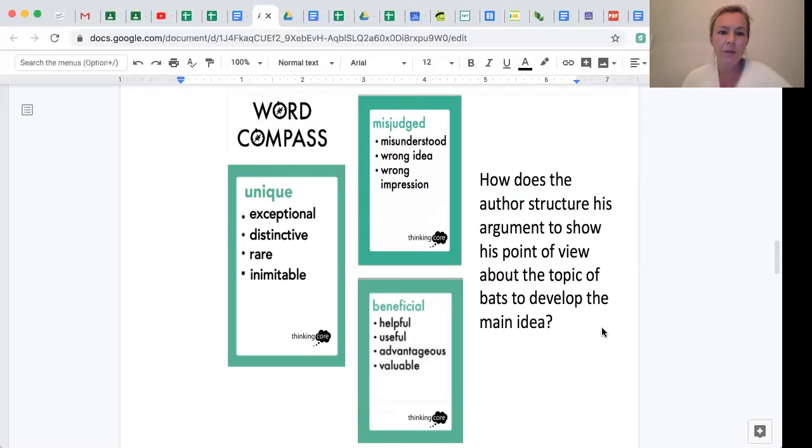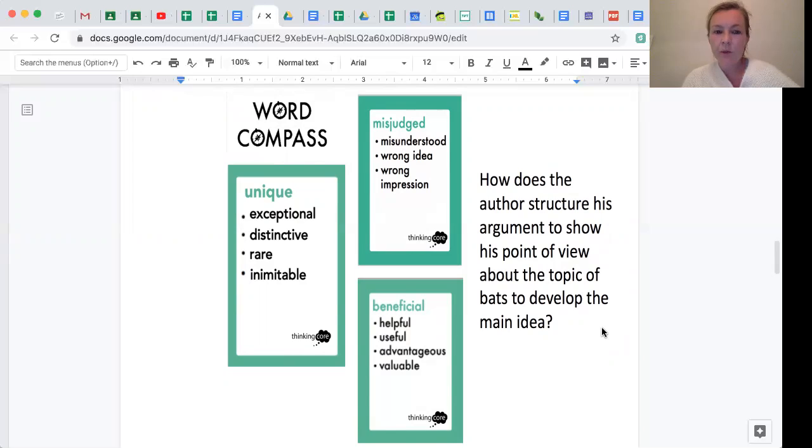To be unique means exceptional, distinctive, rare, and we always would say it meant one of a kind. Okay, the other word, misjudge, you see the prefix MIS gives you an idea. To be misjudged means to be misunderstood. You have the wrong idea, the wrong impression. There's been a mistake made when you're making a judgment.